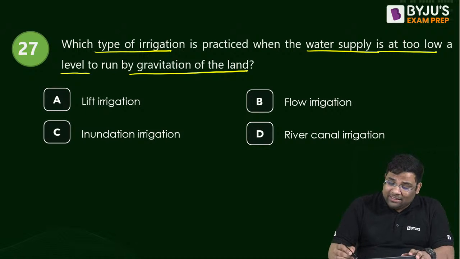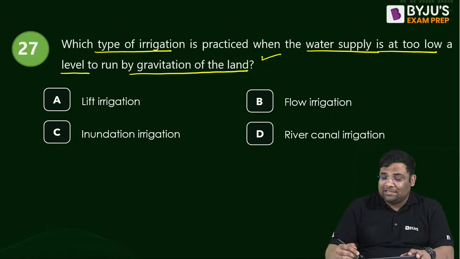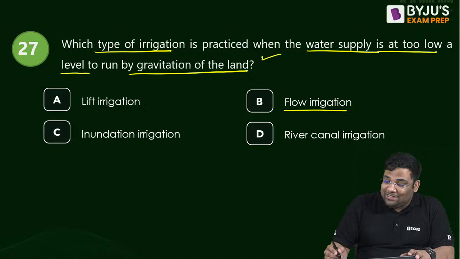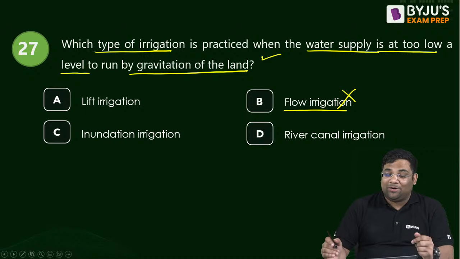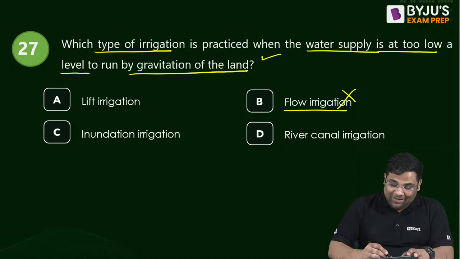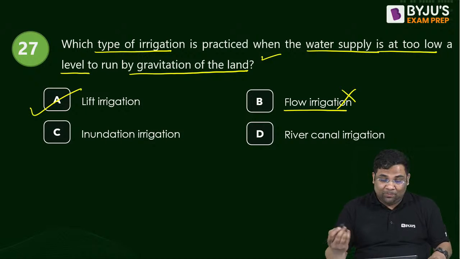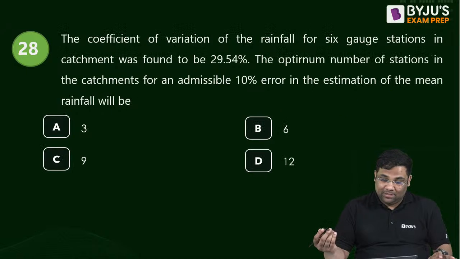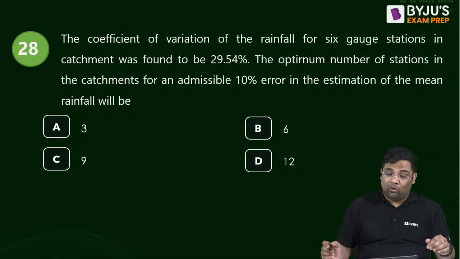Because the gravitation we cannot use, since the flow is very less. The answer is A. We have to do lift irrigation. We have to use pumps to lift the water, right? Yes, straightforward question from hydrology.